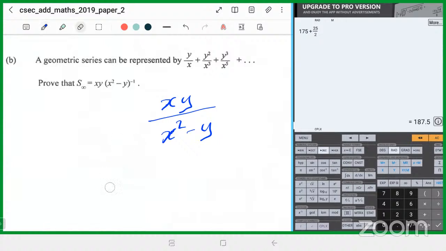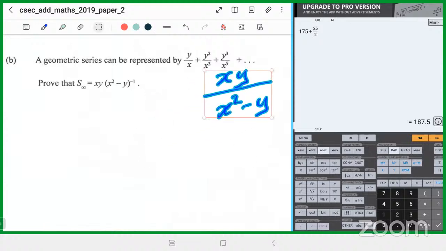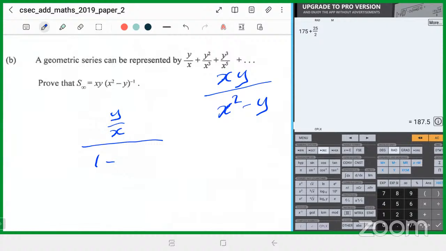Let's see. You have y over x, that is a, over 1 minus y over x squared. You want it to become xy, and you don't want the x squared under there.